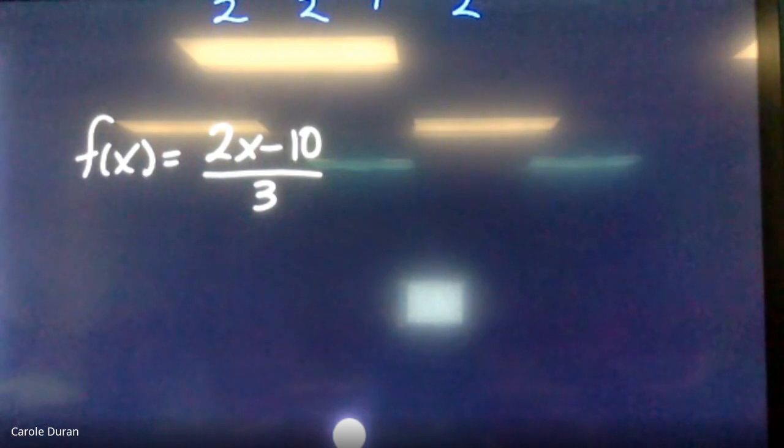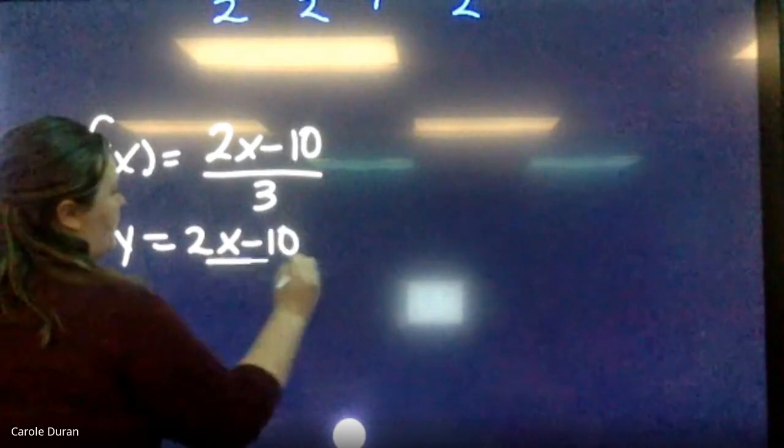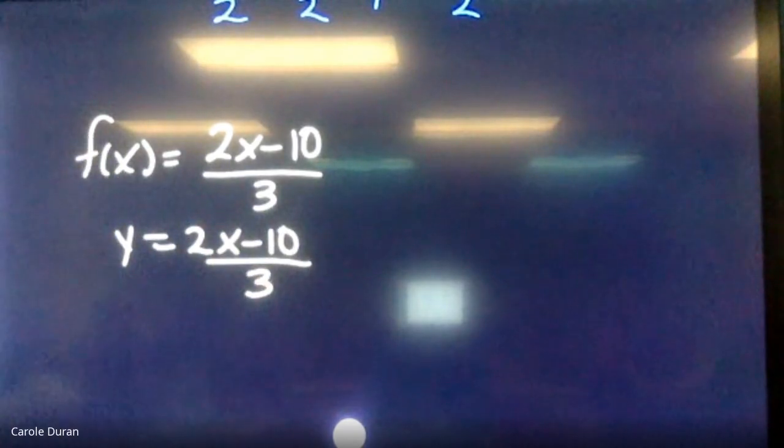Emily, what's the first thing I need to do? So f of x has to equal y, right? So I get y equals 2x minus 10 over 3. Then what do I do to start the inverse, Kaylee?